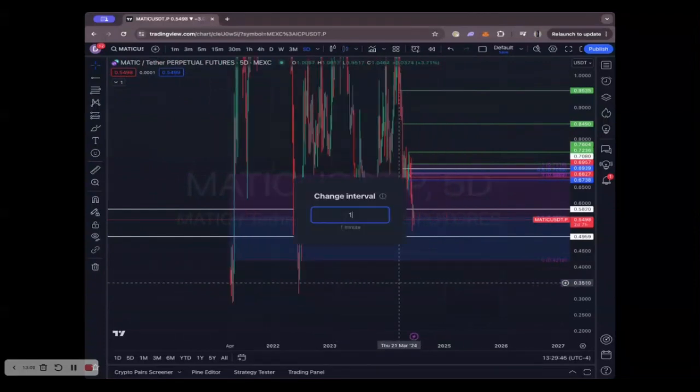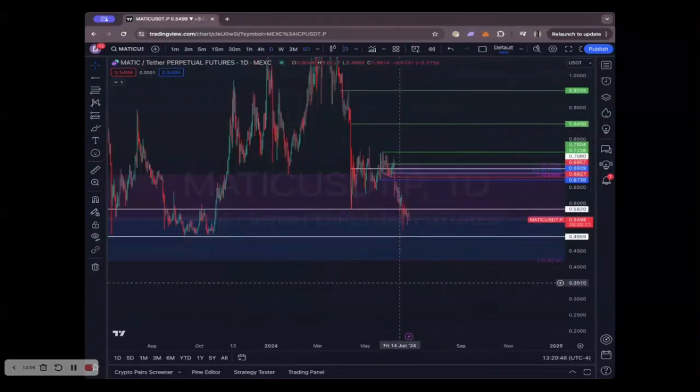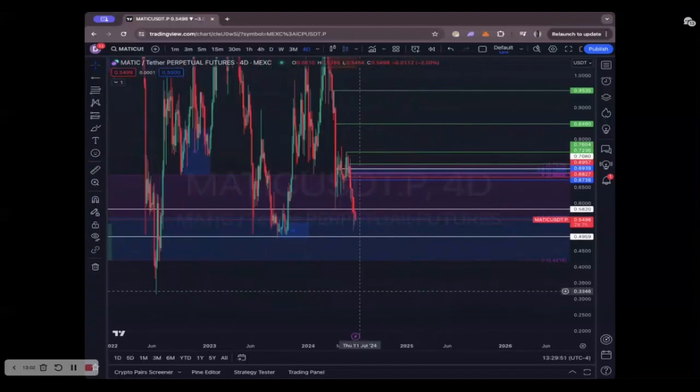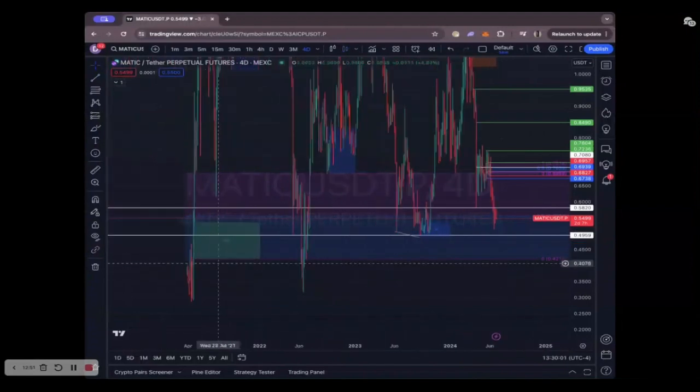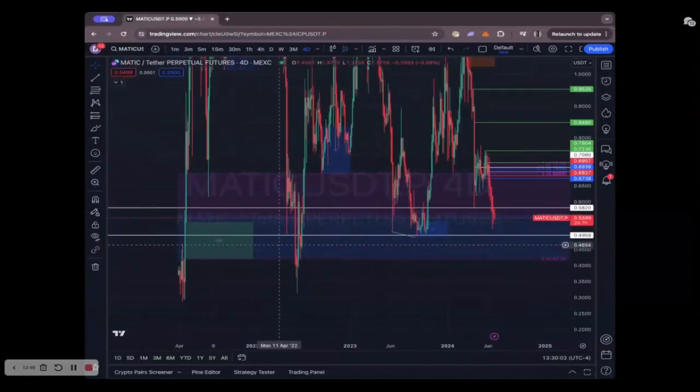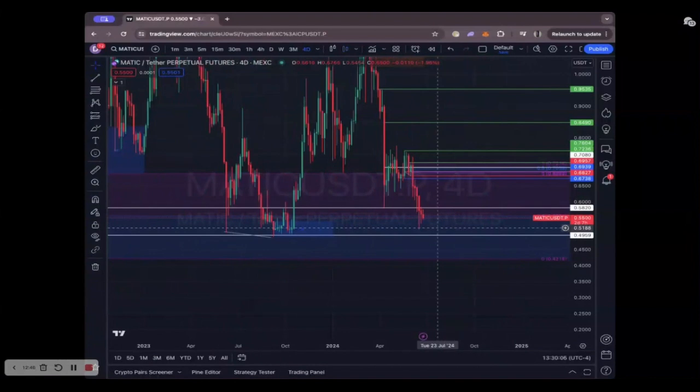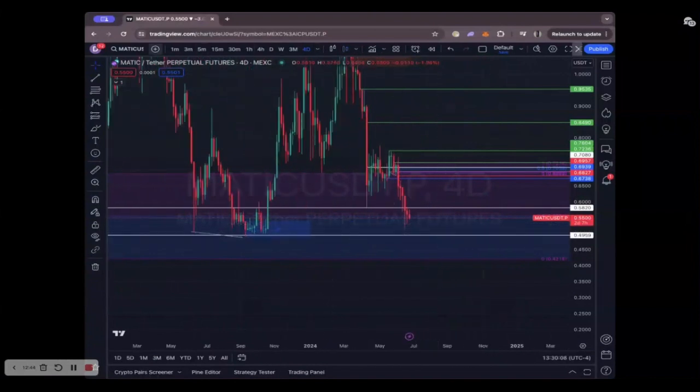There's the 40B, which we are just dipping into. I like this actually, because this could be the SMR here, if that range holds. This has already been invalidated, so we are at a good clean range low.